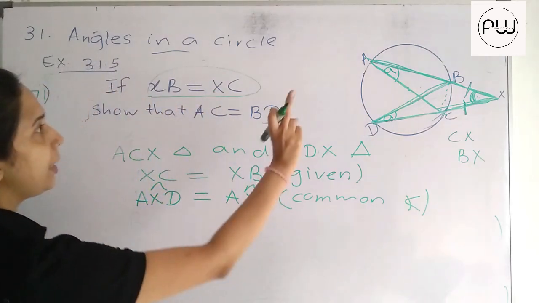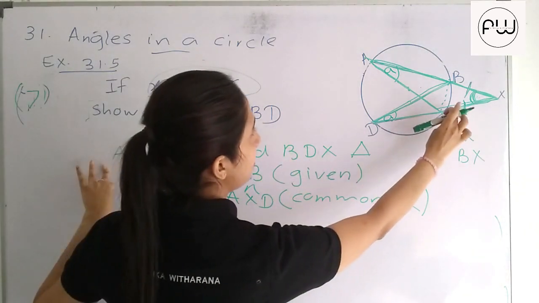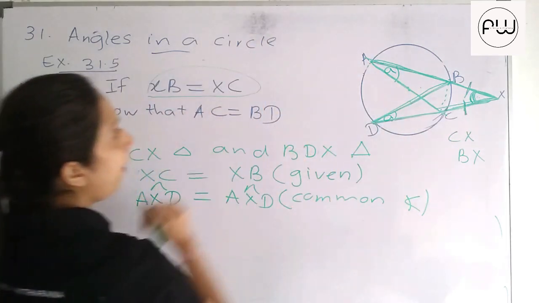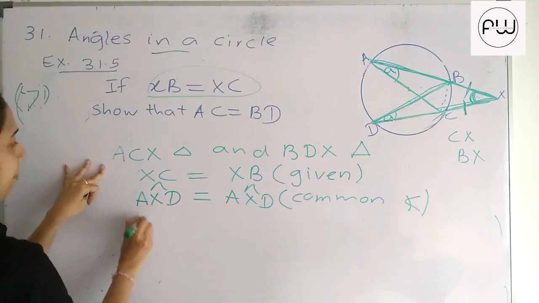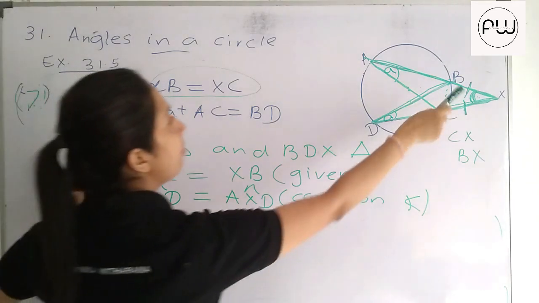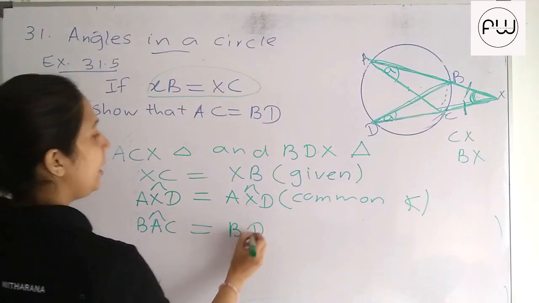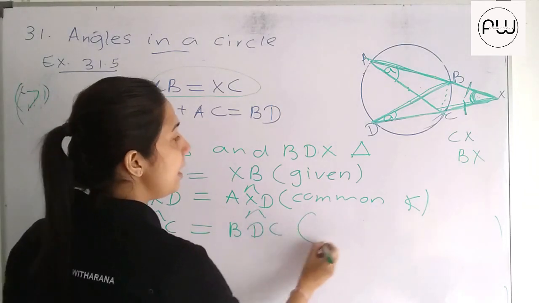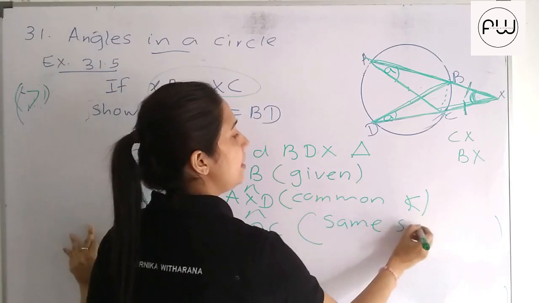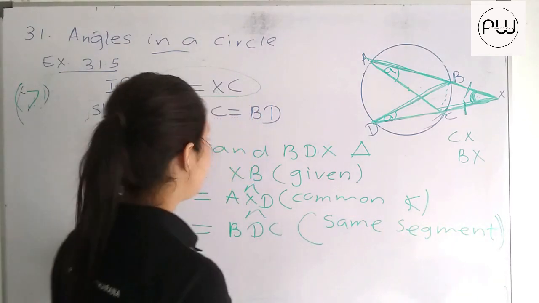Then we can write, in the ACX triangle, BAC angle equal to BDC angle. The reason is angles are in the same segment.